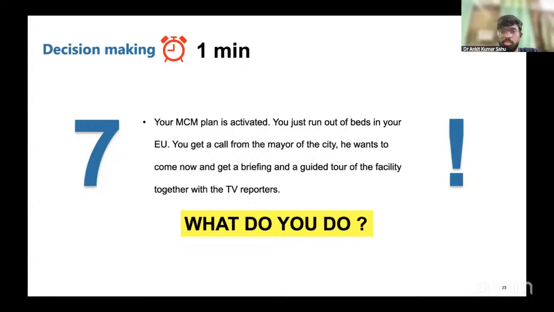Anyone? This is a big problem for our resources. Yes, MLA, mayor, anyone can come and say that they want to have a guided tour with you in the emergency department. How are you gonna handle it? Anyone can speak up. What are your thoughts? What can be done?